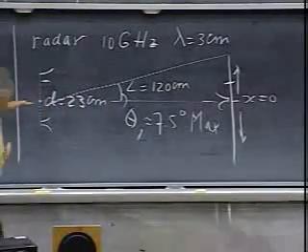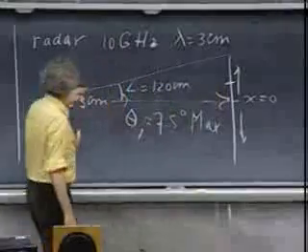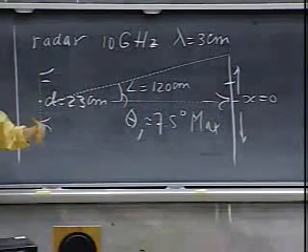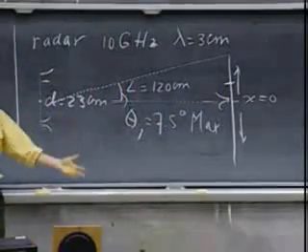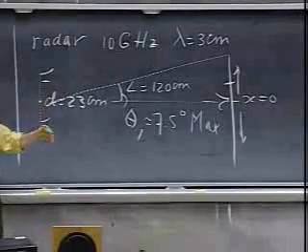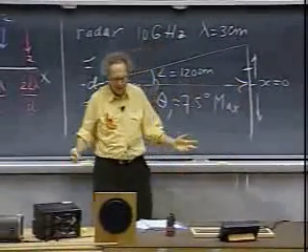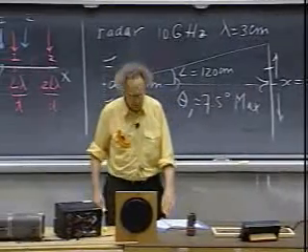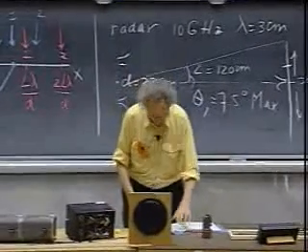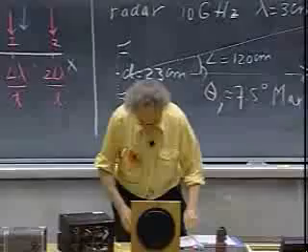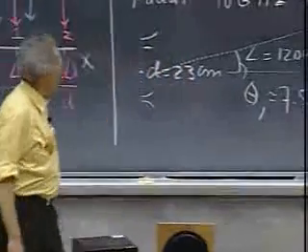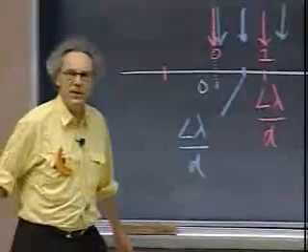Essential for the maximum to be here is, of course, that the two transmitters are in phase. We could have rigged it up so that they're 180 degrees out of phase, in which case there would be silence here. Silence in this case means that the radar would kill the radar. But I do use the word silence for a good reason, because the way we rig this up is the same way we did it before.